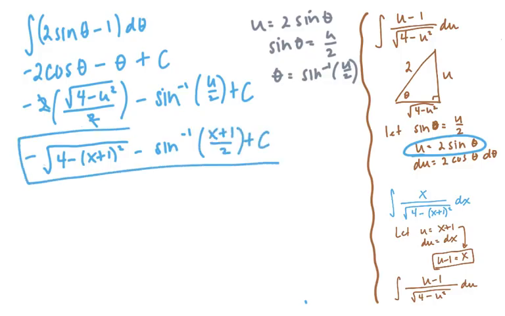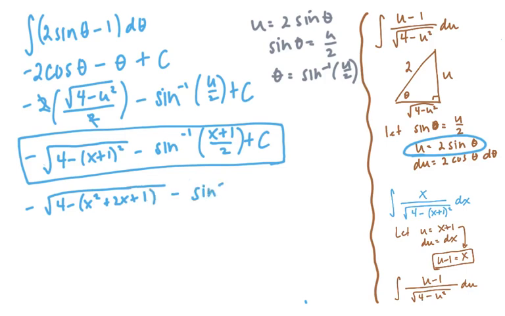Now, I'm perfectly happy with this answer, but you can always expand it back out. That's probably what WebAssign wants because that's what's in the textbook. So we have x squared plus 2x plus 1. They put it back. What I mean by that is they put it back into the form it came from. Minus inverse sine of x plus 1 over 2 plus c.